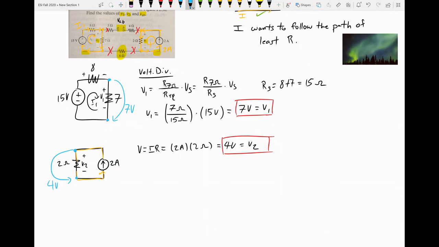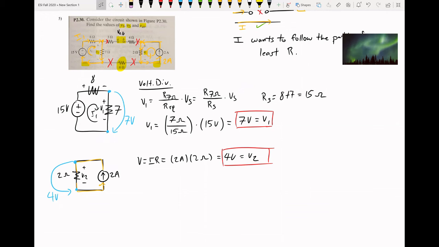As we said before, voltage along a wire is the same until it hits an element, and that holds true here. Notice that along that branch and that branch, no current is running through it. If no current runs through it, then no voltage can be absorbed or supplied, but it still has voltage in it. So you can't add or subtract, but it will just maintain that same value.